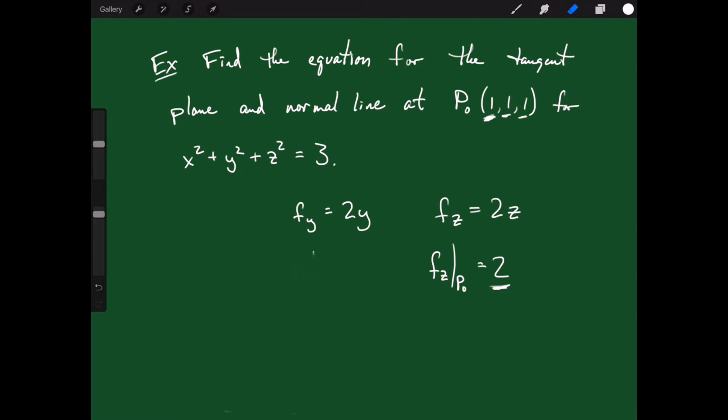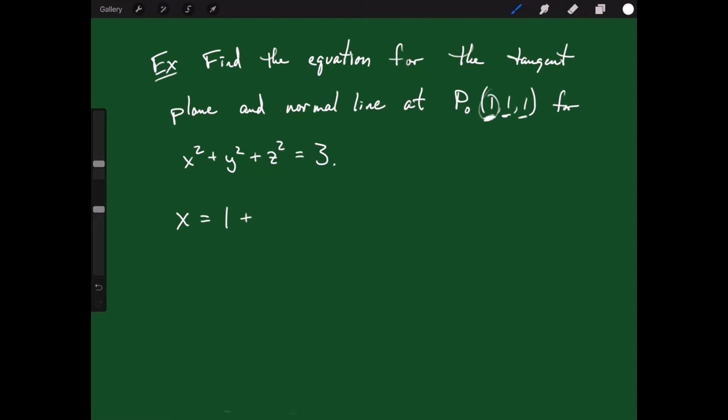So I want to write it parametrically. And so the normal line, I already know what the partials are, 2, 2, and 2. And so if I want to find the normal line, I want x is equal to x0, which is 1, plus the partial with respect to x evaluated at P0, which we said was 2t.